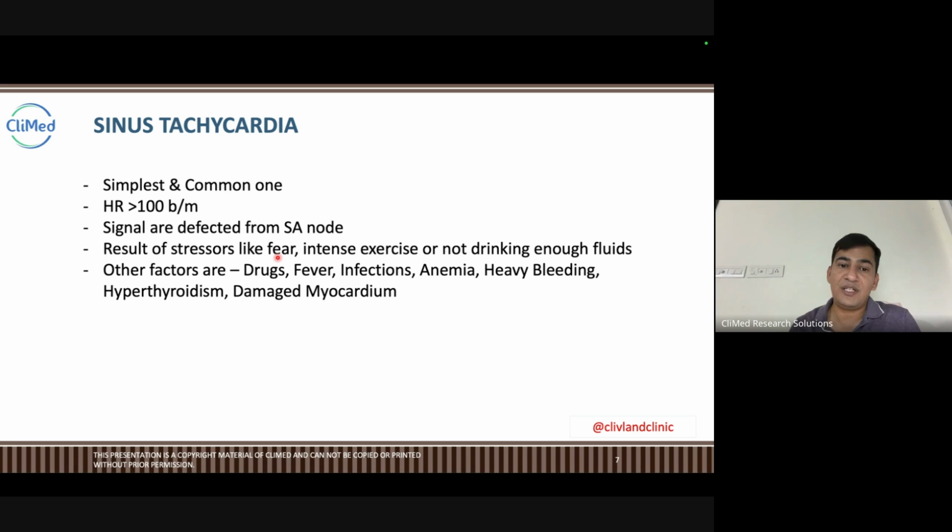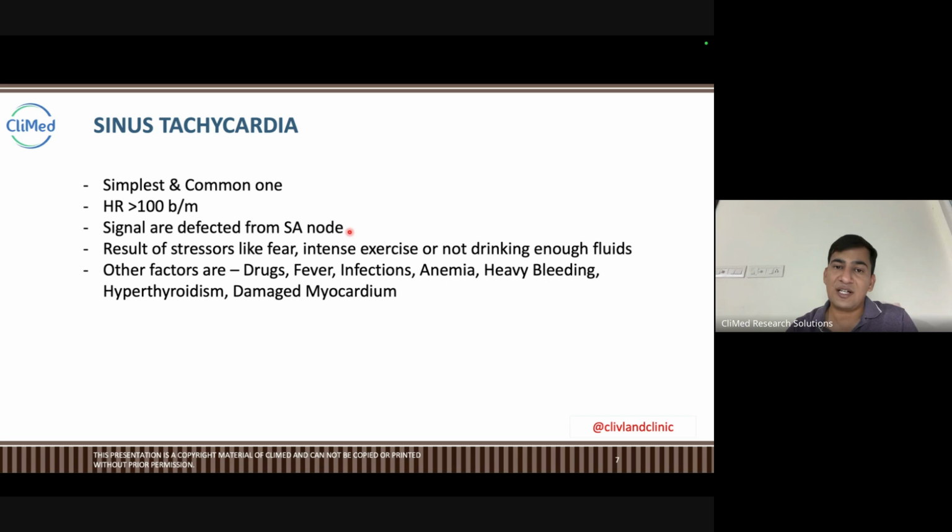Other factors could be drugs. Drugs could definitely lead to tachycardias, majorly sometimes your antibiotics, sometimes your endothelial receptor antagonists, or maybe hormonal imbalance can lead to this.